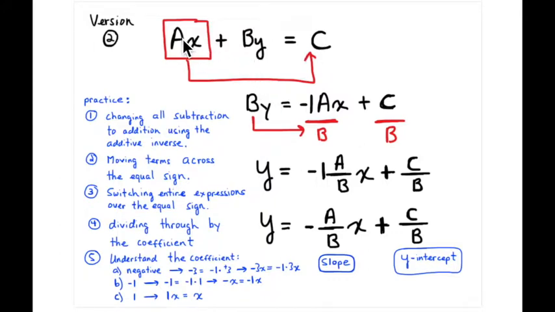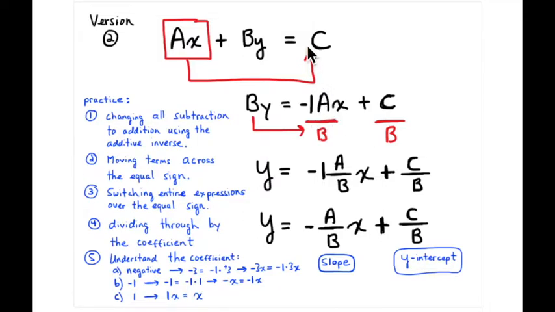Well, as you start to manipulate this form to the slope-intercept form, you move the ax over to this side of the equation. So that becomes a negative ax, which is also a negative 1 times ax, because you're really subtracting it, or you're adding the additive inverse. So the additive inverse is a negative ax, or negative 1 times ax.